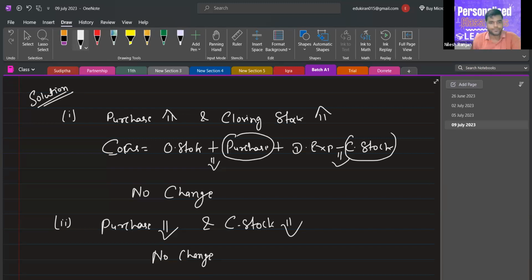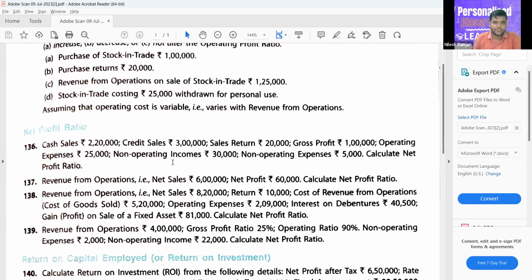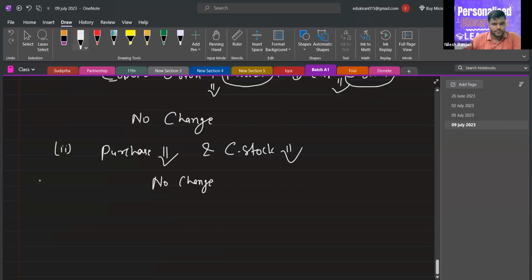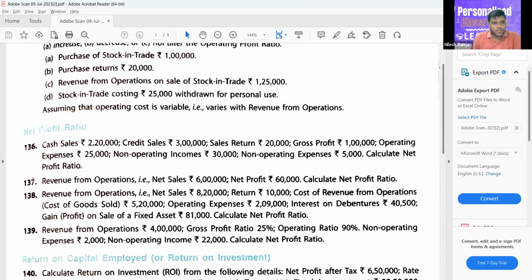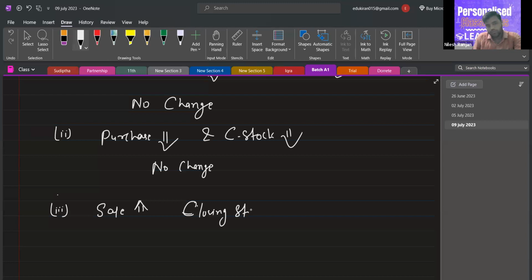The third one, revenue from operations on sale of stock in trade, 1,25,000. Okay, so the third one: sale will increase and closing stock will decrease.